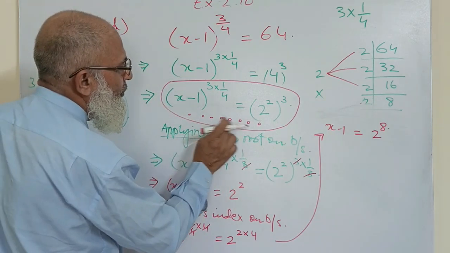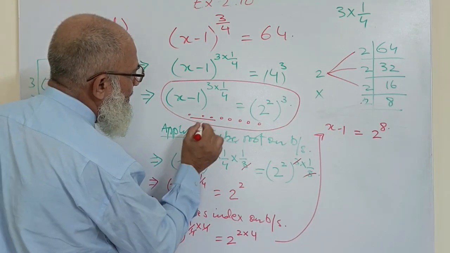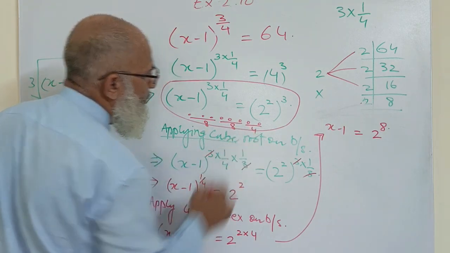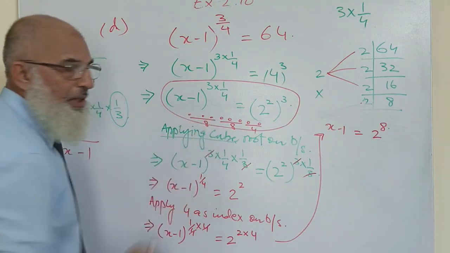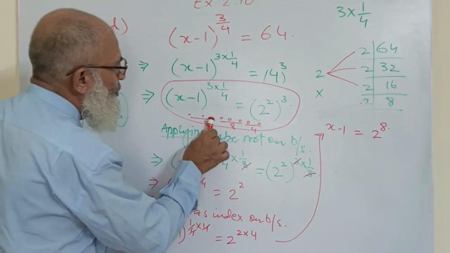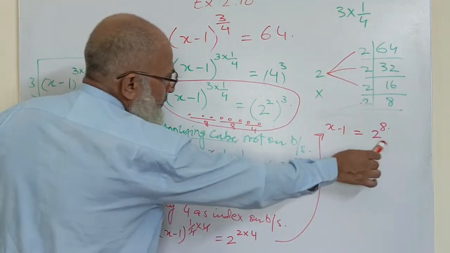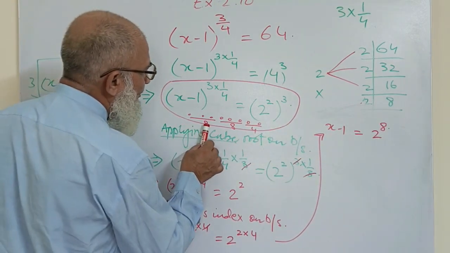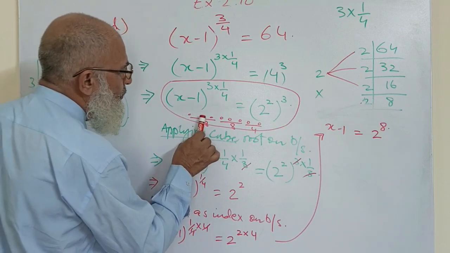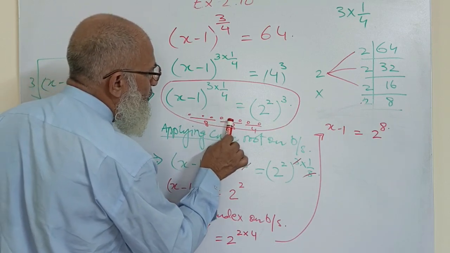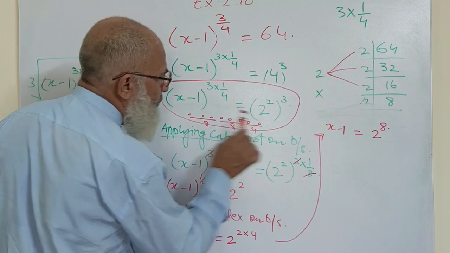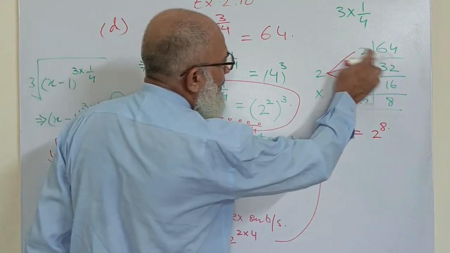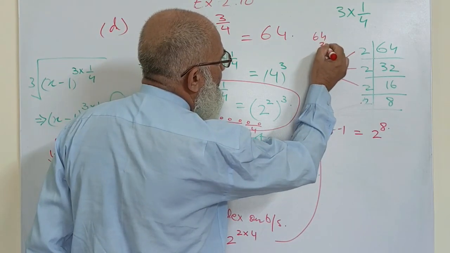Now these all dots represent 2s, because we have 8 twos. 2 twos are 4, 4 twos are 16, 2 times 16, 32, 32 times 2, 64, and 64 multiplied by 2 will give us 128.